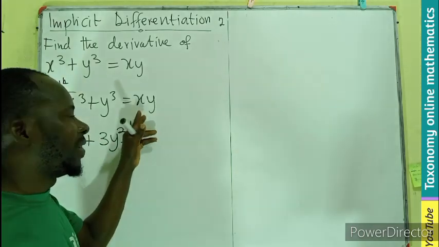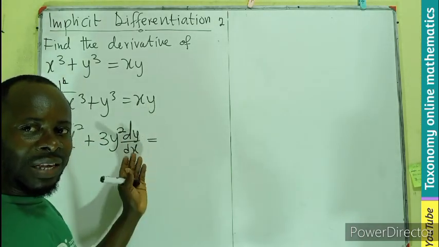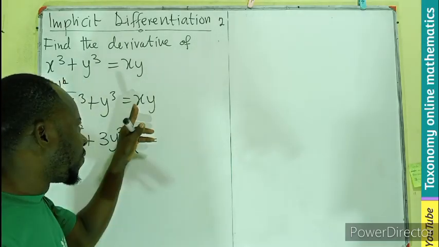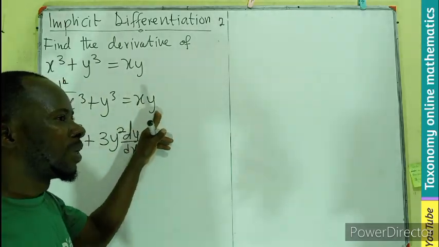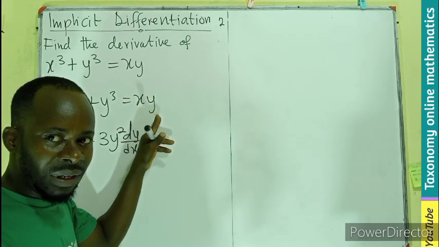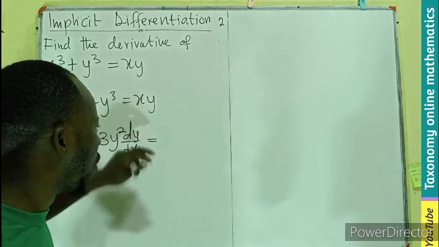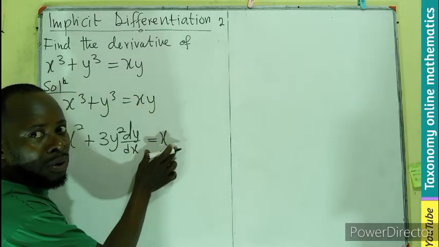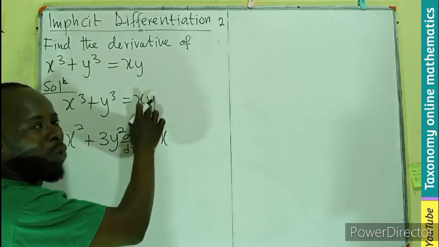Now you can see that this is a product. x is multiplying the y, so we treat it with the product rule. Differentiate one, hold the other, then hold the one we held first, then differentiate the second one. But I'll take it from here. Hold the x. When I hold x here, I will not touch it. Then I will differentiate y.